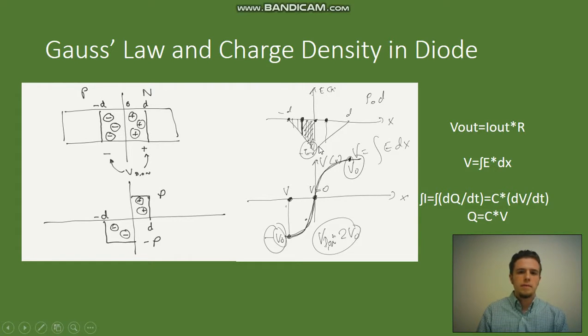So if you graph the electric field in accordance to the respective charge density, on the negative end it goes negatively, and you have this area, and then as you go to the positive side, it goes back up positively along x, because this is planar Gaussian, and your voltage is the integral of E, as we know, and you take that integral from -D to D, and thus you will get your VD on is equal to 2V out, or V out is 2 times V on, because you will have 2 diodes on at any given time.